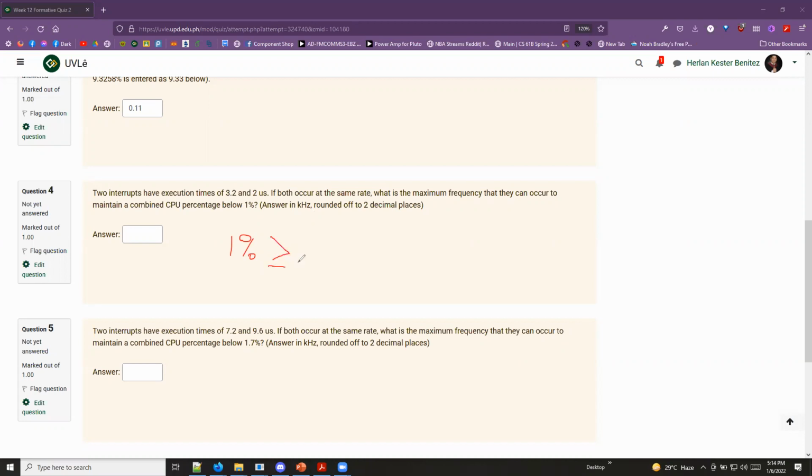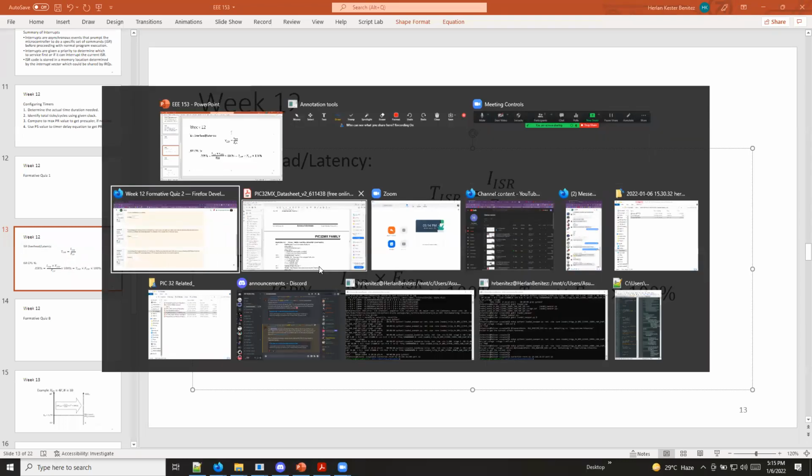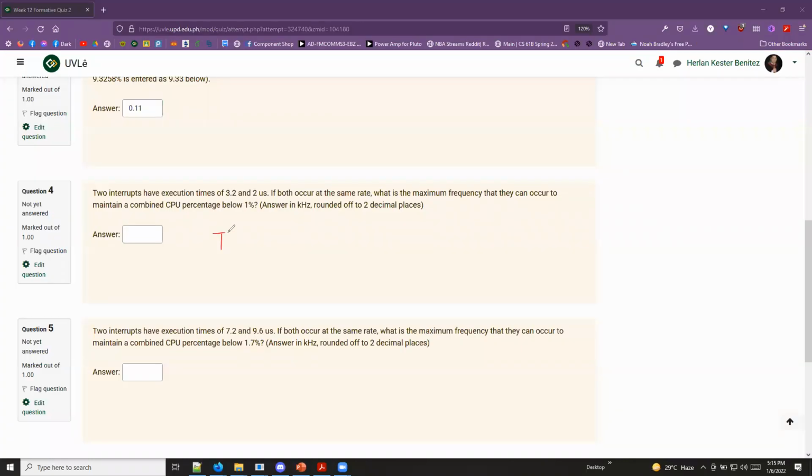Execution times were given, so let's write our other equation, just this one, on the right. Basically, the execution time of the ISR times the frequency of the ISR is the CPU percentage.